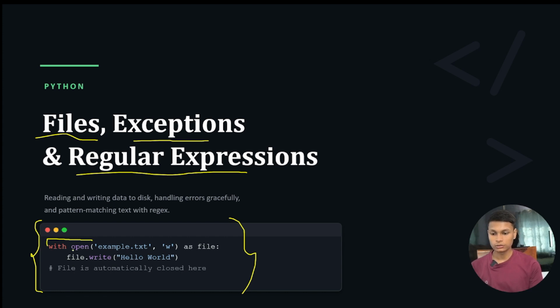Also, we discussed many inbuilt functions in Python, and this was one of them. Open is used to open a file. So we are writing with open, and after that we give the name of the file. The name of the file is example.txt. txt was the extension. Okay, example.txt was our file.